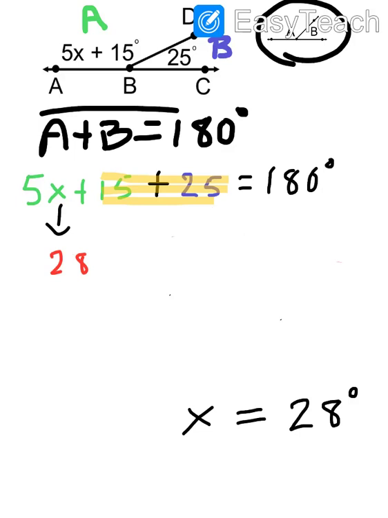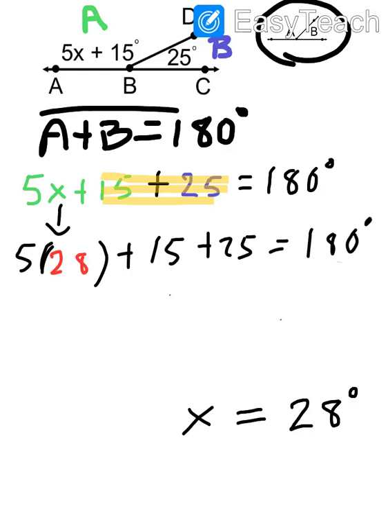Now around that, everything stays the same. 5 times 28 plus 15 plus 25 has to give me 180 degrees. Now, like we said a little while ago, 5 times 28 should give me 140. And you're still adding that to 15 plus 25, and it has to equal 180.